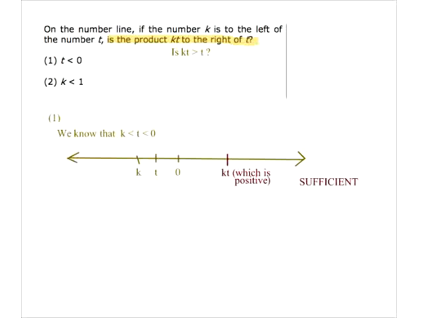You know, k is less than 1. So, and k is also less than t. We know that k is less than 1, and also that k is less than t. No idea of the order of t and 1.